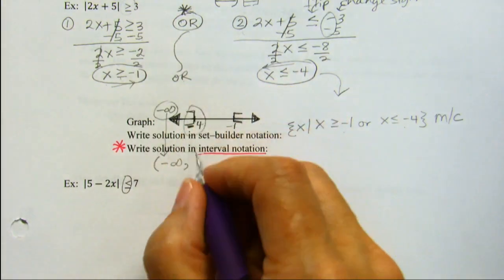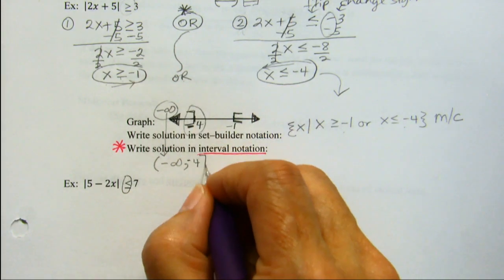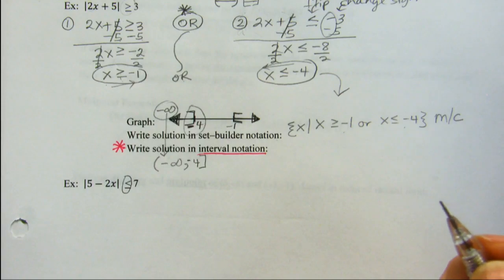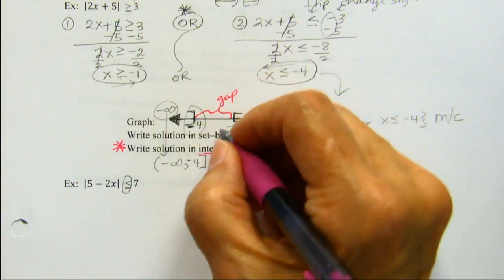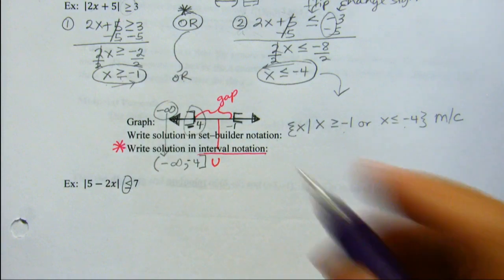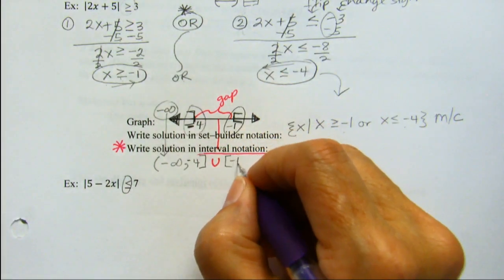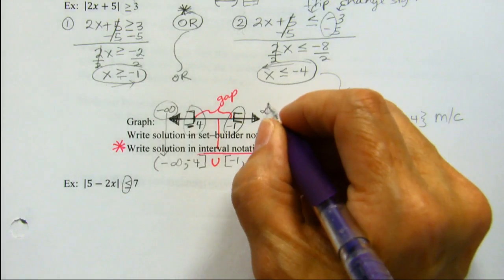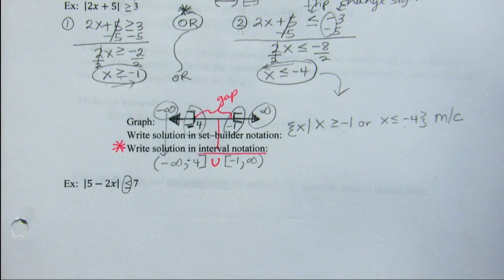We stop at -4 with a bracket. Here's my gap. My gap is denoted by the union symbol, bracket -1, comma, and we're going out to positive infinity, and it has a parenthesis on the right.